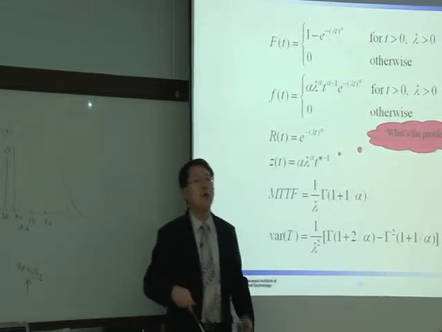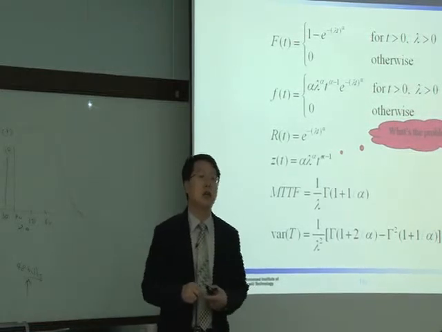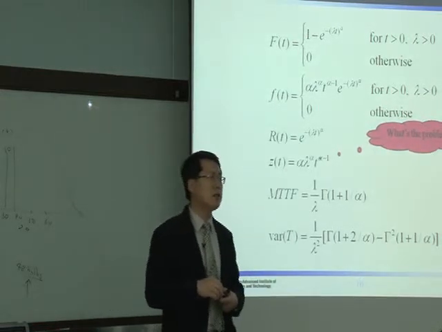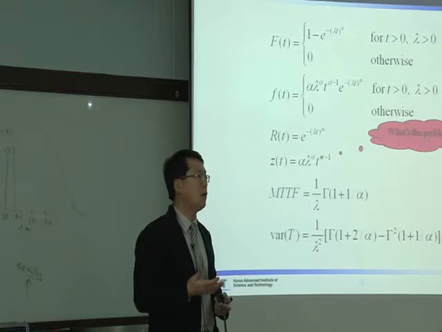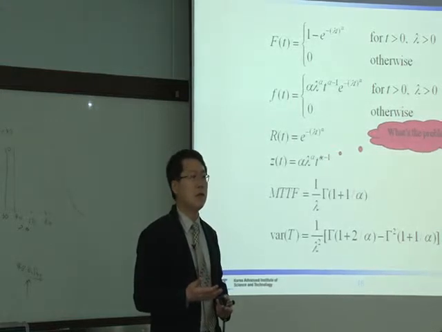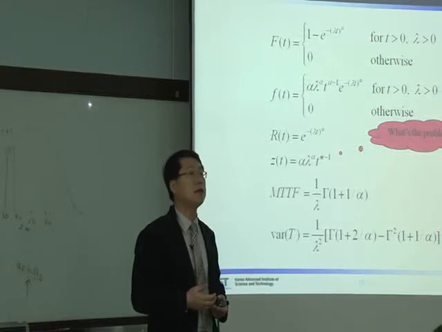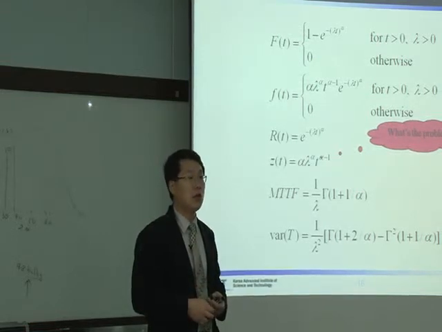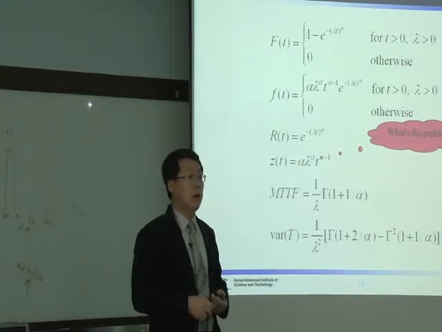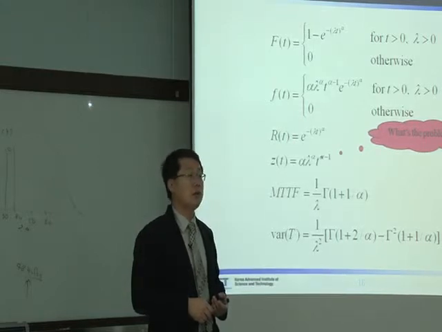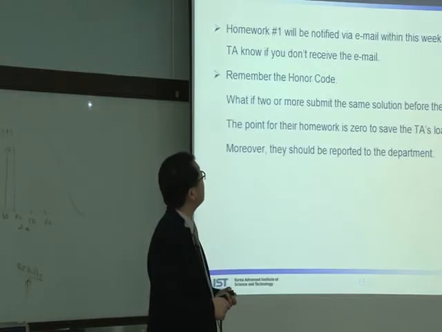We can develop many equations, but the challenge is how to estimate the parameters for the models. This is the real world challenge. So for the time being, mankind usually relies on the constant failure rate model, the exponential model.